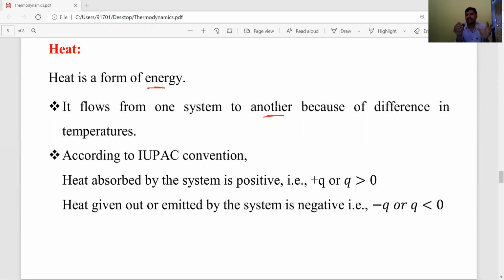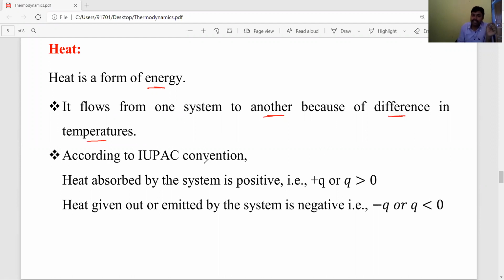The flow of heat from one system to another at different temperatures is known as heat.